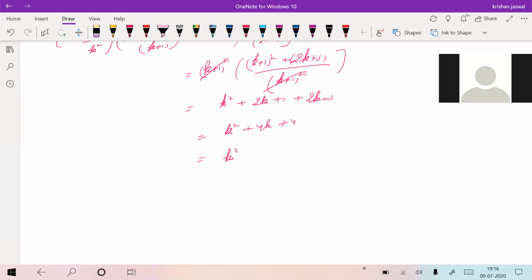This is k² + 2·k·2 + 2², which is a² + 2ab + b², equal to (a+b)². This is (k+1+1)², that is (k+2)².